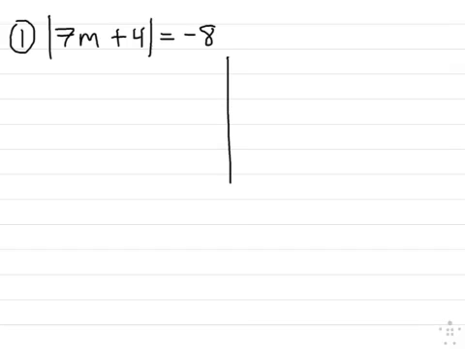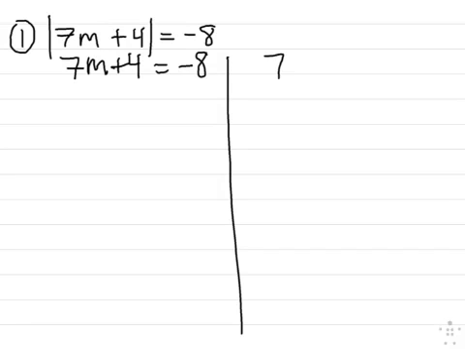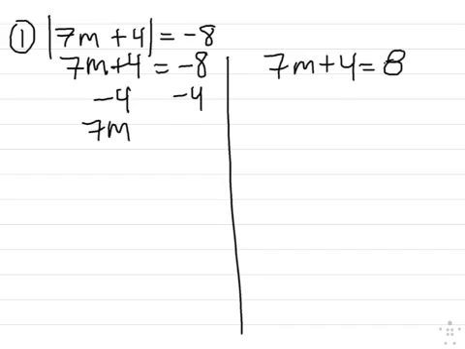Okay, so this is good old-fashioned technique. All we do is take our 7m plus 4 and set it equal to what we have, and then we take our 7m plus 4, remember it's just 2 problems in one, and set it equal to the opposite of what we have, so that's just +8. Okay, let's start with this one. I'll skip the colors and you guys can follow. So -4 here, and -4 here. 7m equals, what is that, 4 and 8, that's 12, -12.